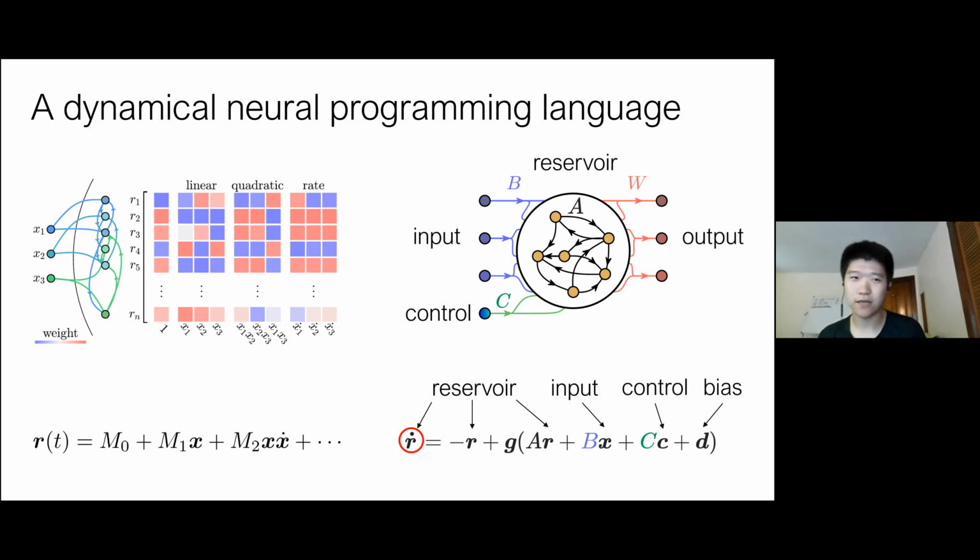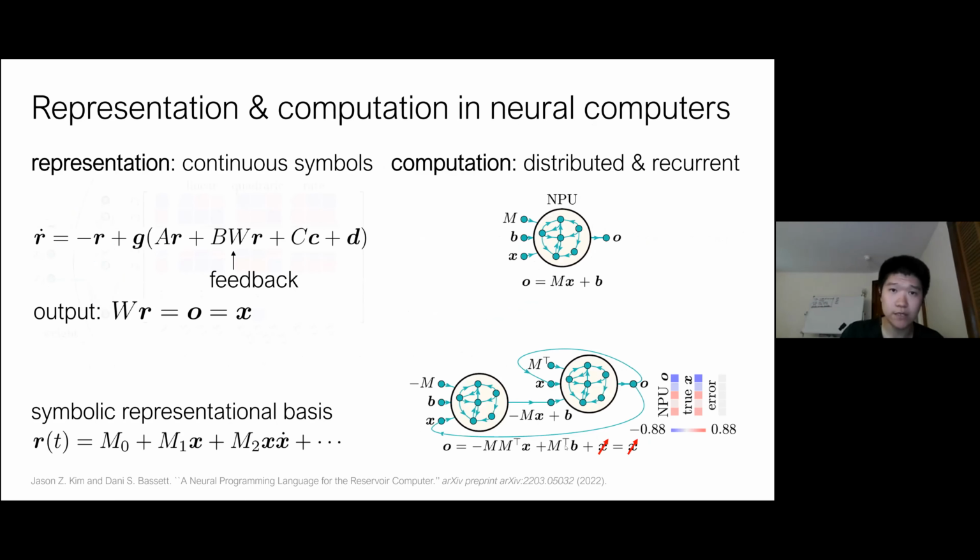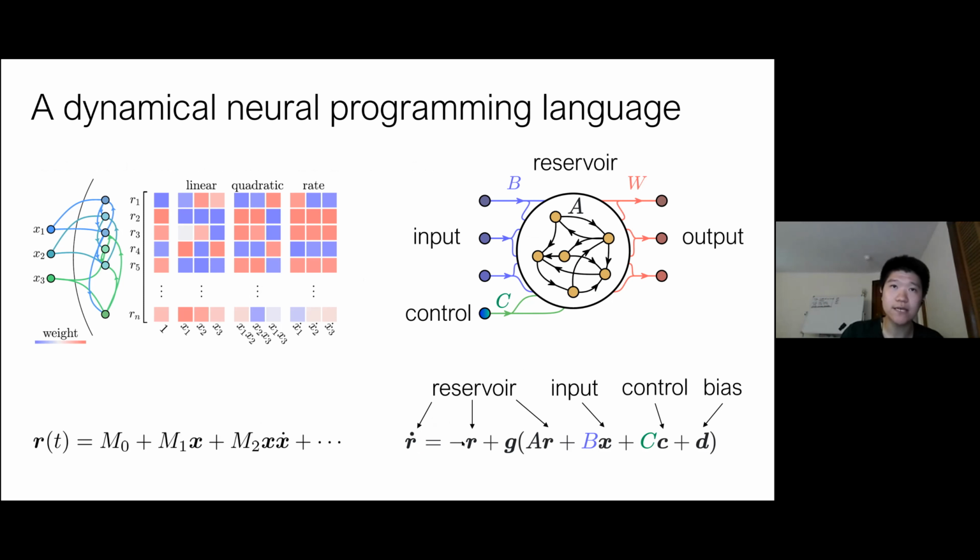Just like whatever instruction set you pick determines how a computer is going to evolve forward in time. So in our programming language, we would like to specify not just the state of the system. We don't just want to program these kinds of algebraic equations, but we also want to take advantage of the time evolution.